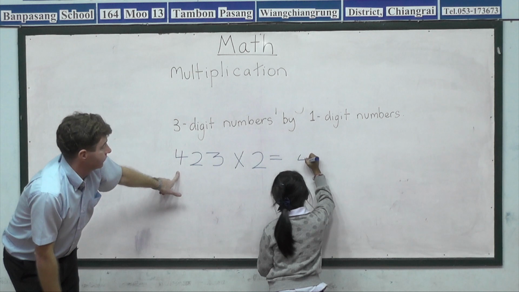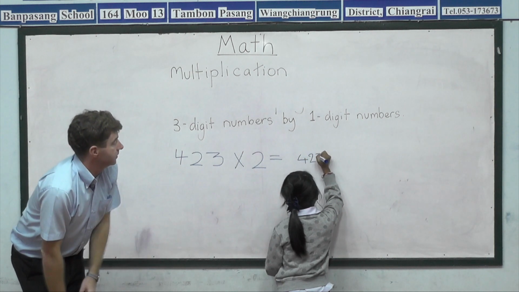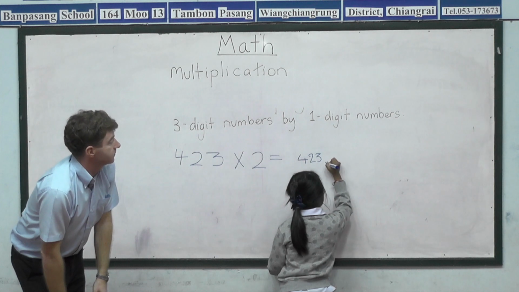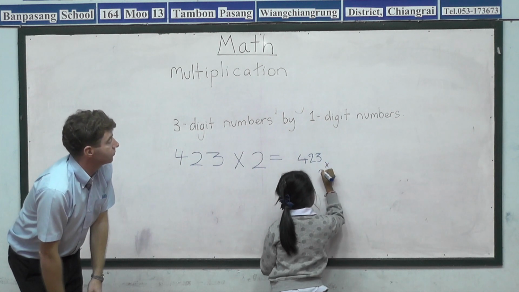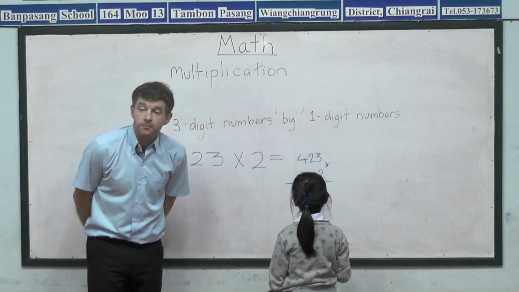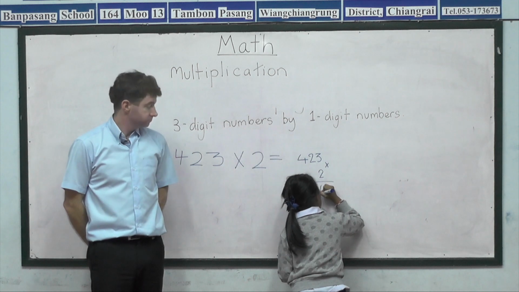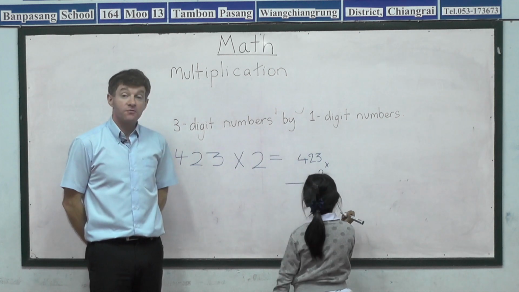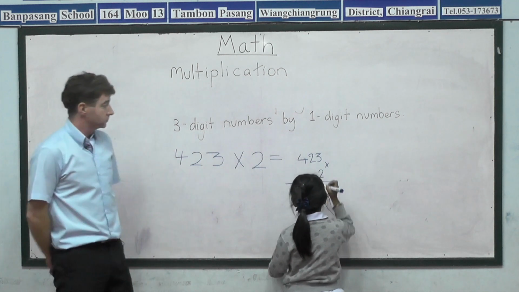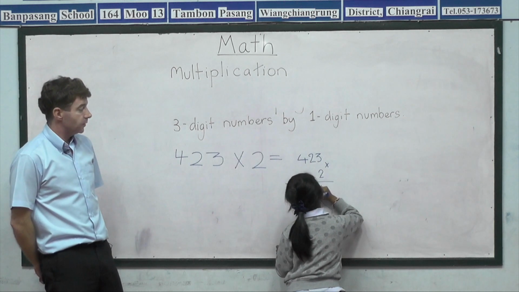So 423 times 2. Okay, so step 1, what do we need to do? 3 times 2 equals 6. Excellent. Step number 2. Perfect.